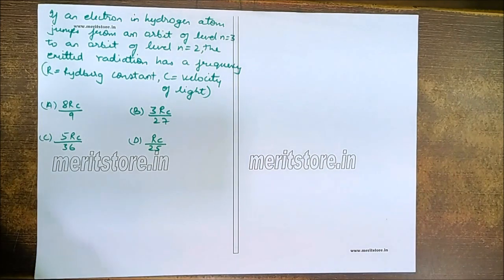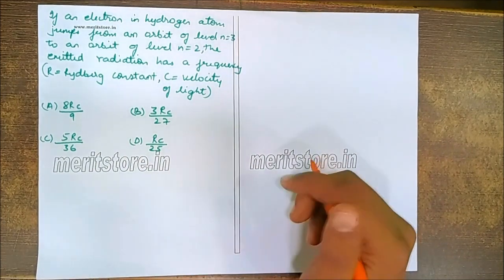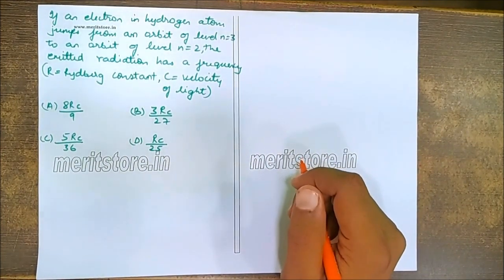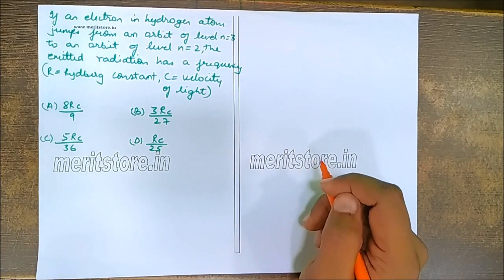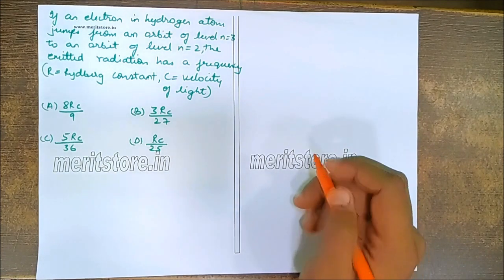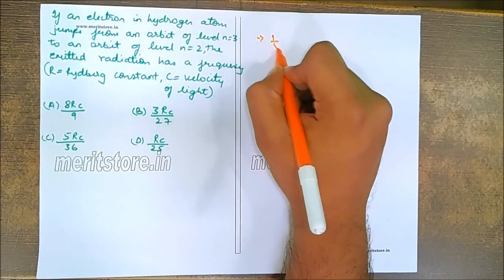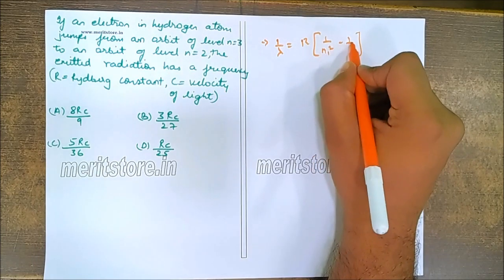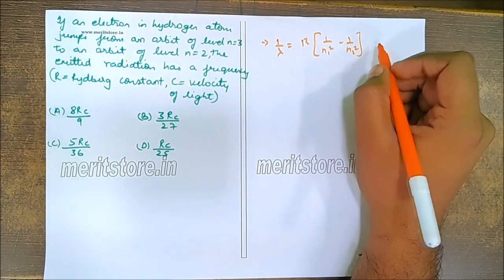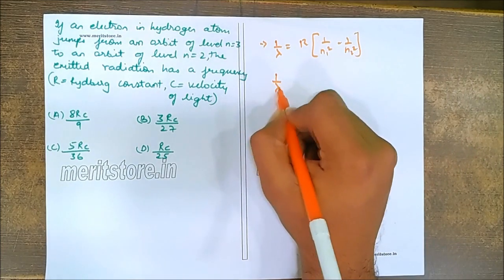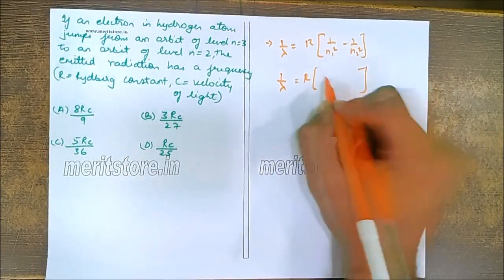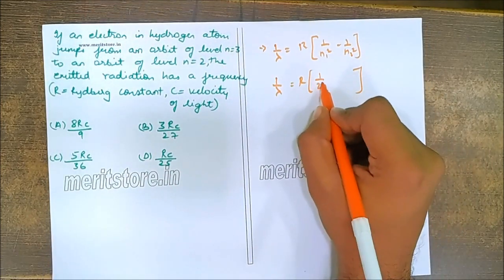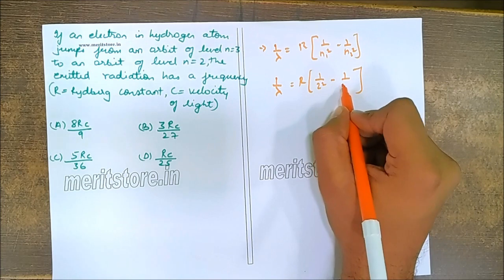Now the next question: if an electron in a hydrogen atom jumps from an orbit of level n equals 3 to an orbit of level n equals 2, the emitted radiation has a frequency. So frequency has been demanded. We all know that 1 by lambda is equal to R into 1 upon n1 square minus 1 upon n2 square. So from 3 to 2, n1 is 2 square and n2 is 3 square.